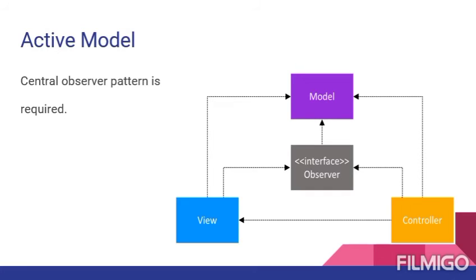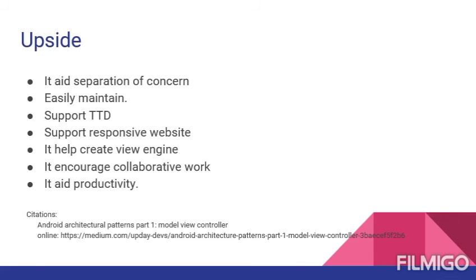There are many advantages of MVC. It aids separation of concern. As you all know, every developer tries to work with a team, and working with a team, we need to separate concern. Some people will work on the model, while some will work on the controller, while some will work on the view. The next one is that it is easy to maintain.